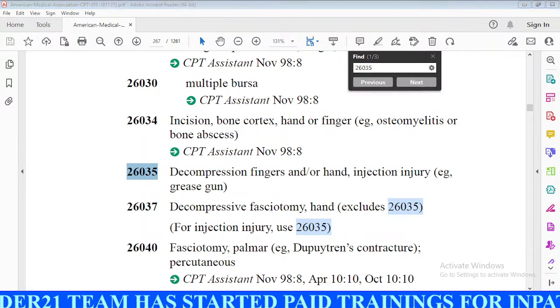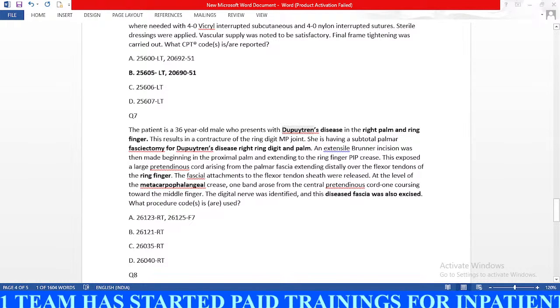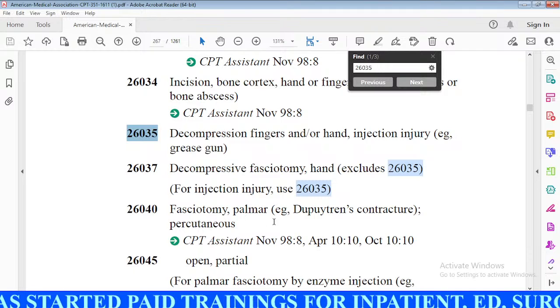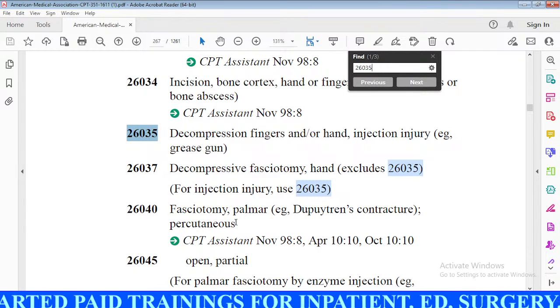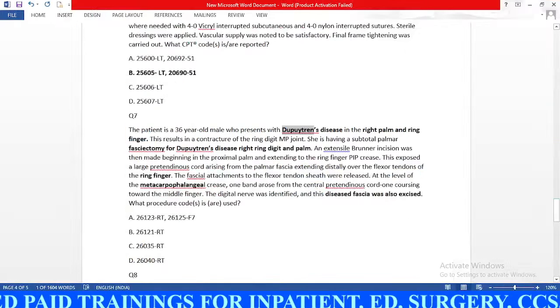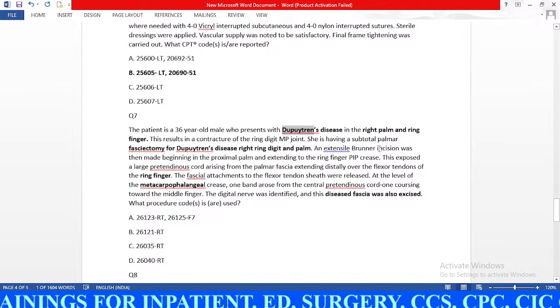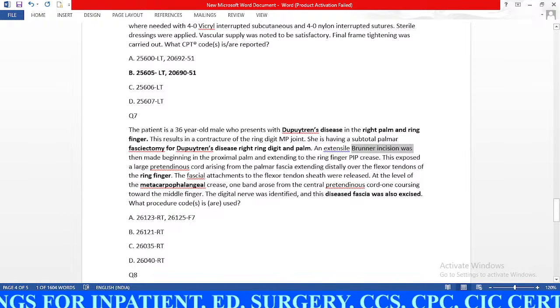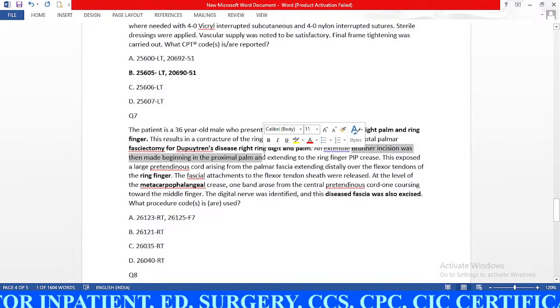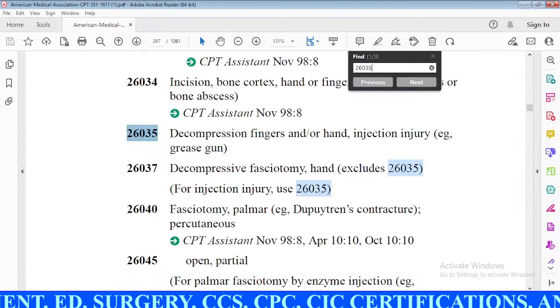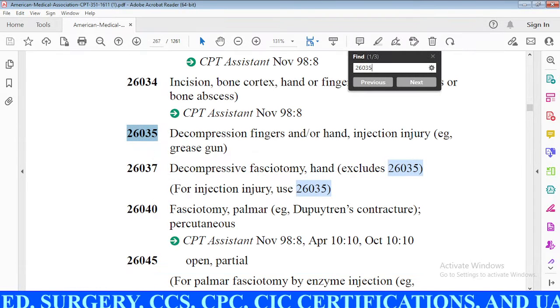So directly we can eliminate 26035. 26040, then fasciectomy, palmar. This is a percutaneous procedure. But here it is an open procedure. Incision was then made beginning in the proximal palm. So we can eliminate 26040 also now.